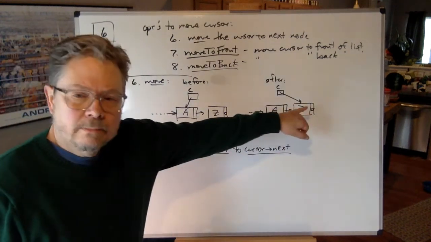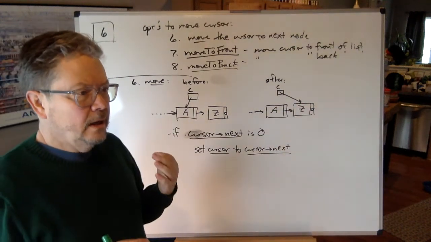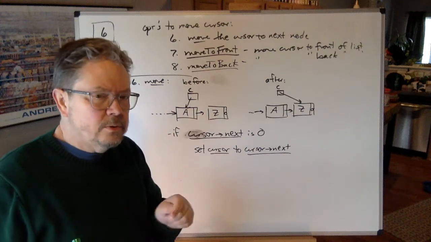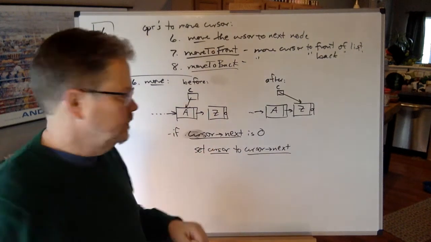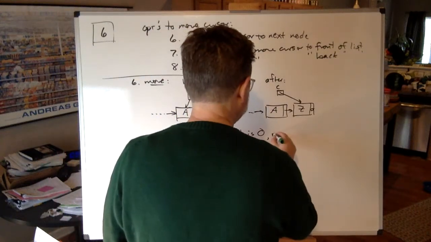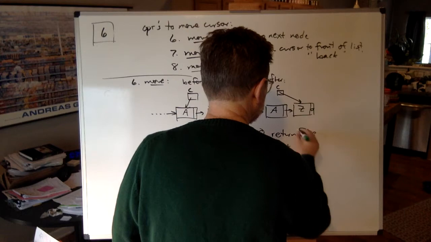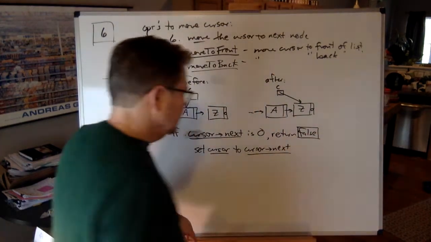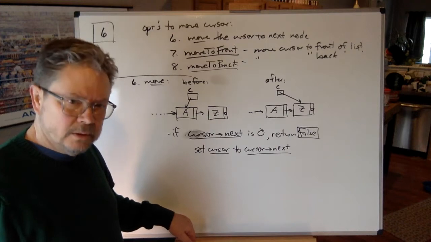Can't move. It'll go off the end of the list. And the convention is, if we're not going to be able to do the job that the main program wants us to do, let's get out of here immediately. Return false. If cursor arrow next is 0, return false.